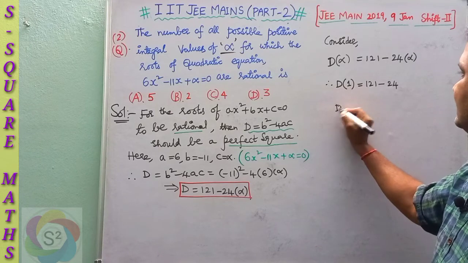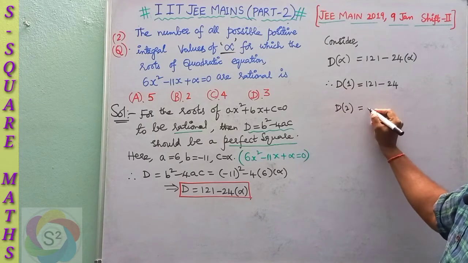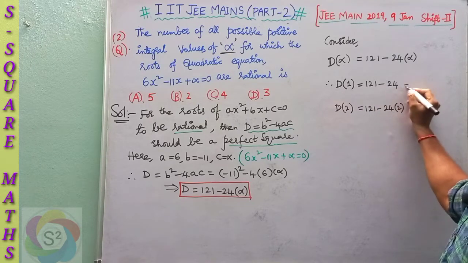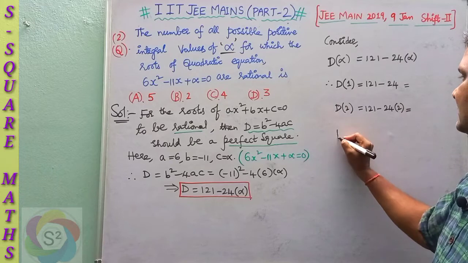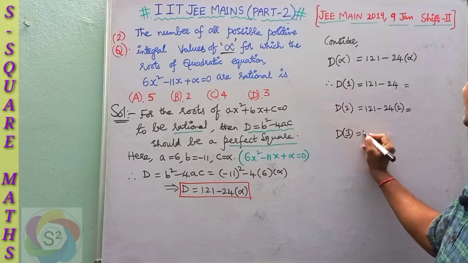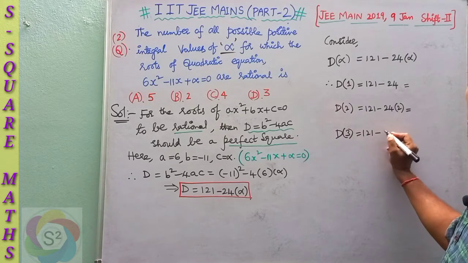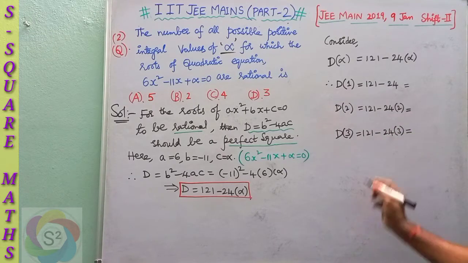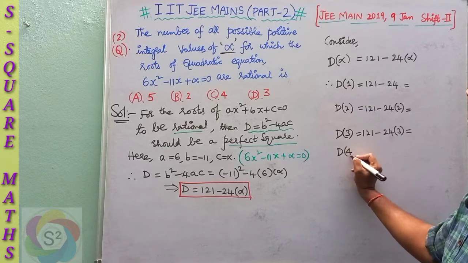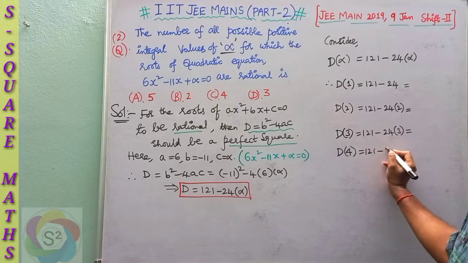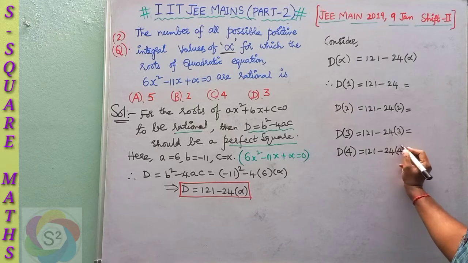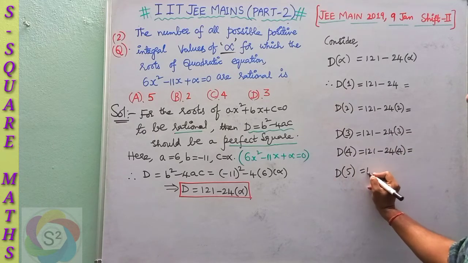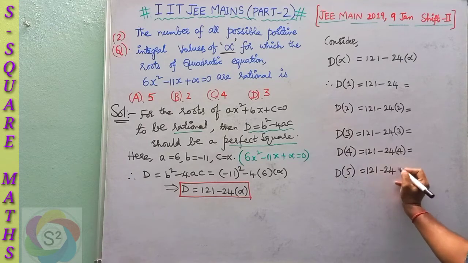Next D of 2, 121 minus 24 into 2. Next D of 3, 121 minus 24 into 3. Next D of 4, 121 minus 24 into 4. D of 5, 121 minus 24 into 5.